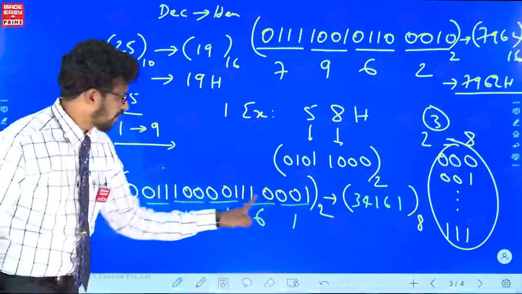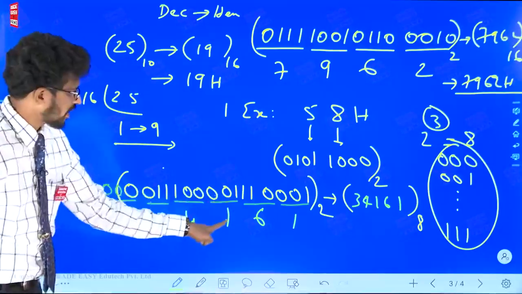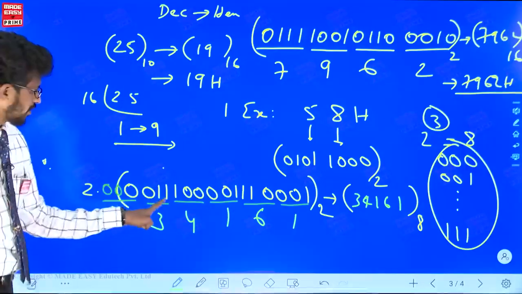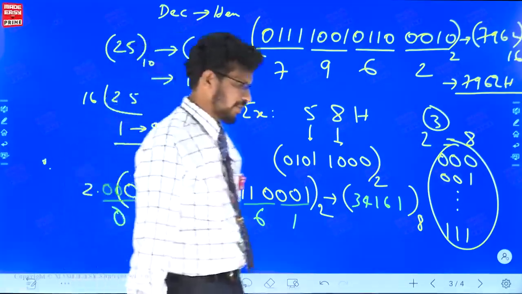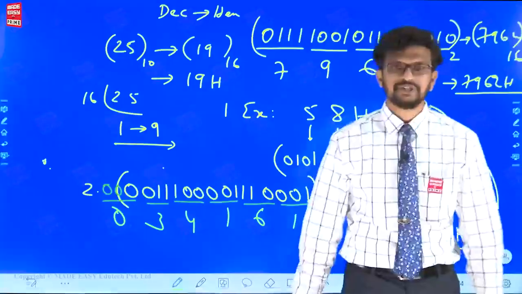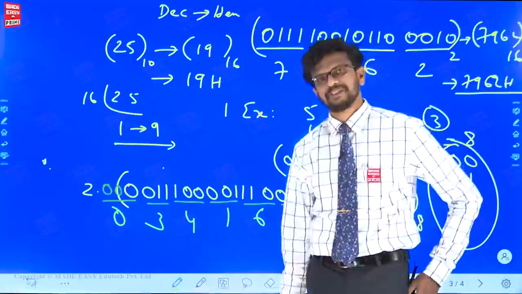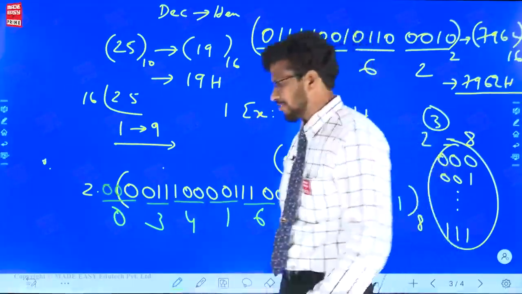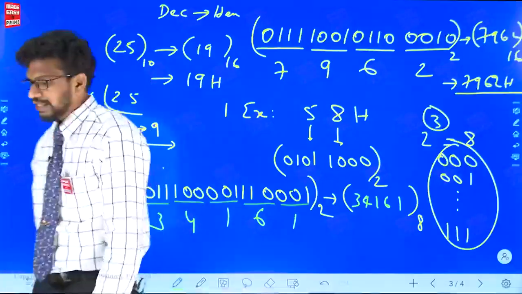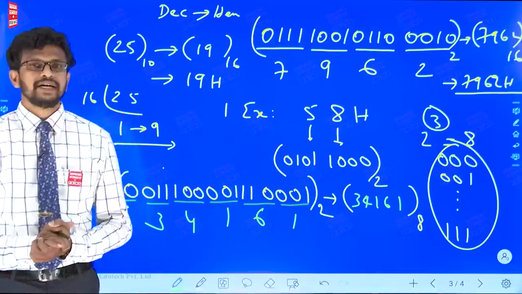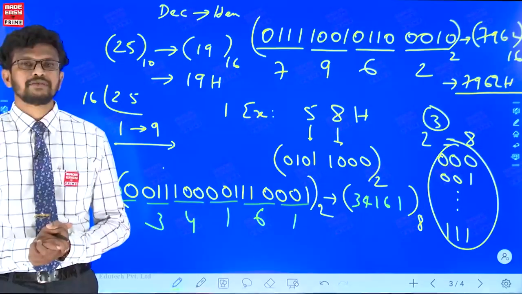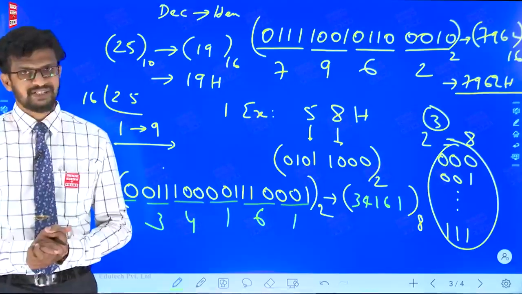This is 001, 110 is 6, 001 again, 100 is 4, 3 and 0. Like this, you should be flexible enough to convert from one number system to another. Hope you have understood the data. Right. In the computer, in most cases, the data has to be processed with some arithmetic and logical operations.